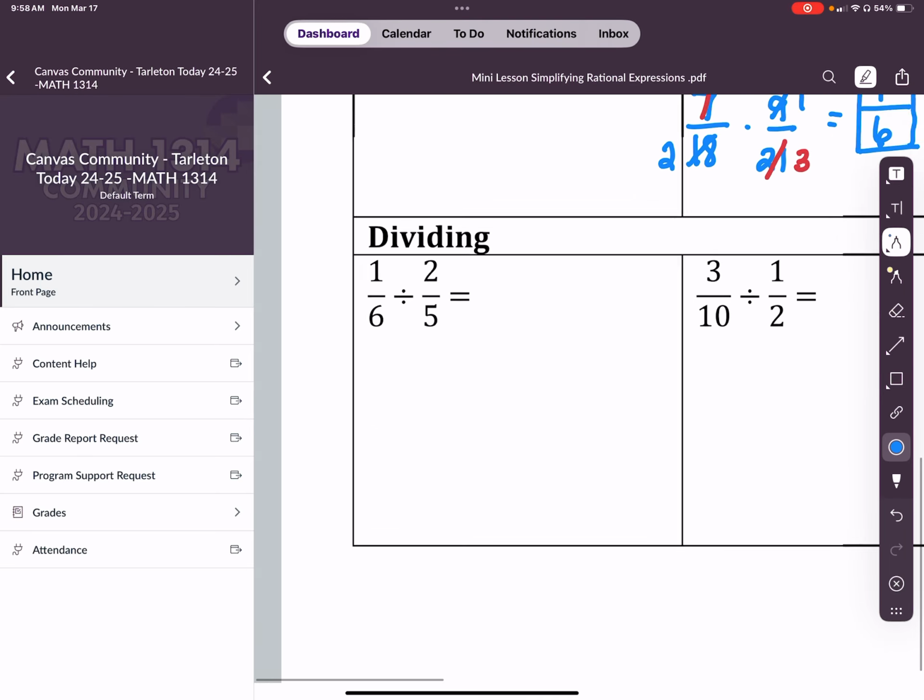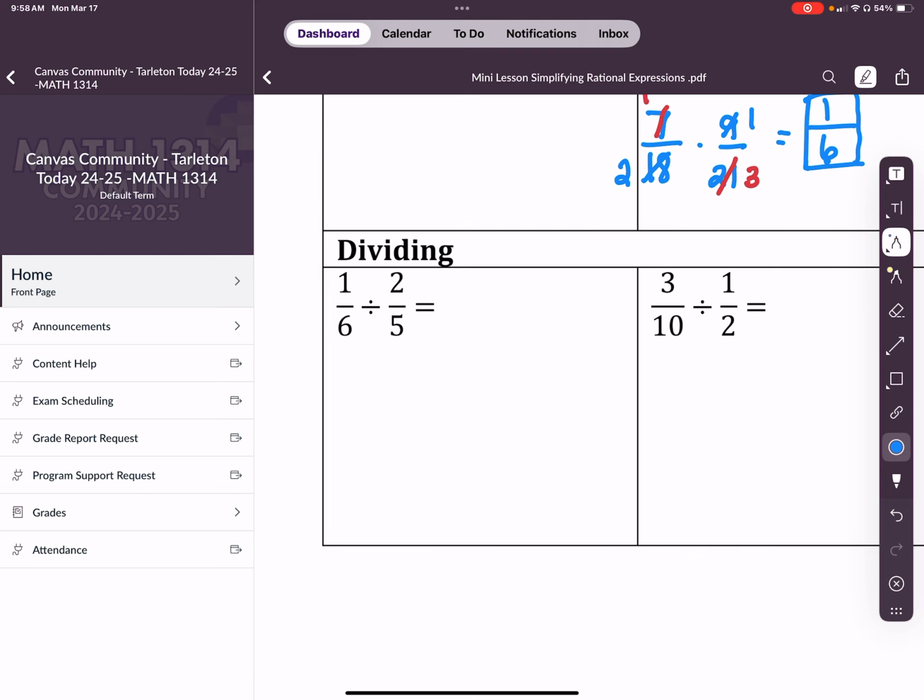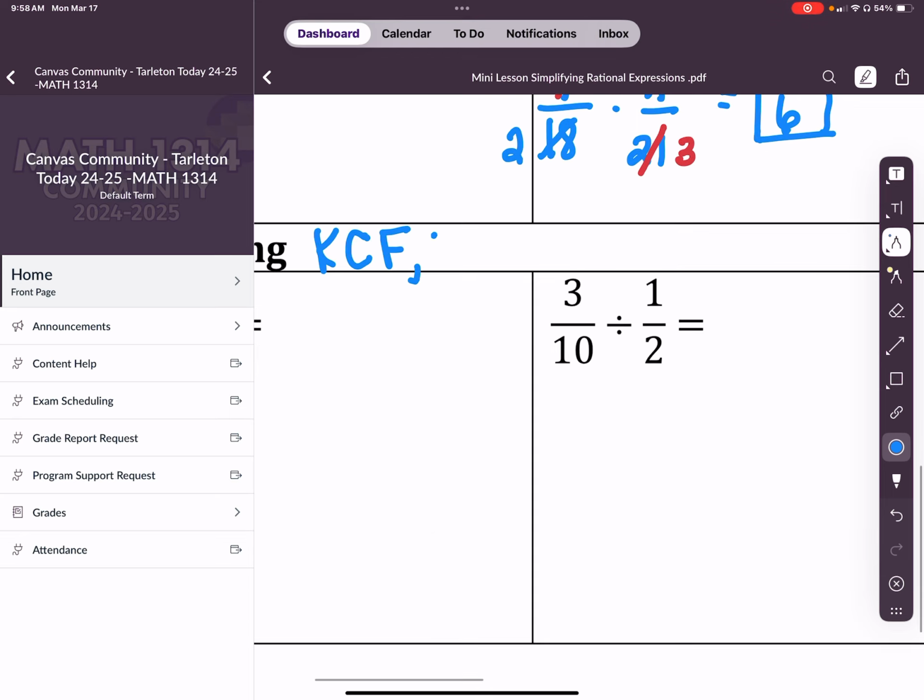Okay, and then dividing. So whenever we divide fractions, I use the key phrase, if you will. I say KCF: keep, change, flip. Okay, and so I'm going to write that up here just for you. If you have a different lingo, that's fine.